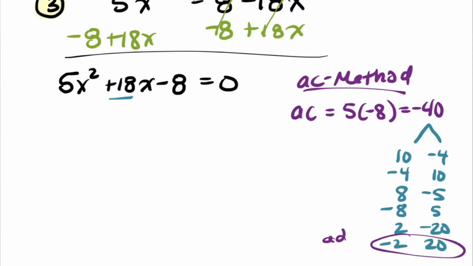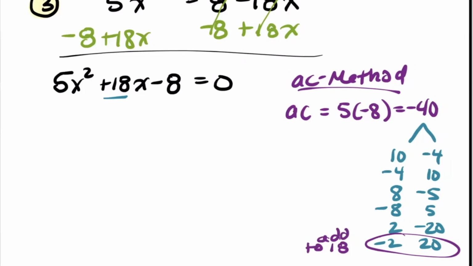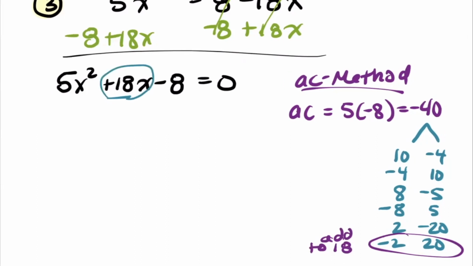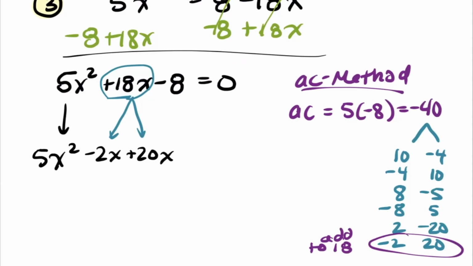These add to +18. So what we do now is we take the bx term, the middle term here, and we're going to split this up using the numbers we found. So we've got -2x plus 20x. Doesn't matter the order. So if you wrote it in the other way, that's okay.